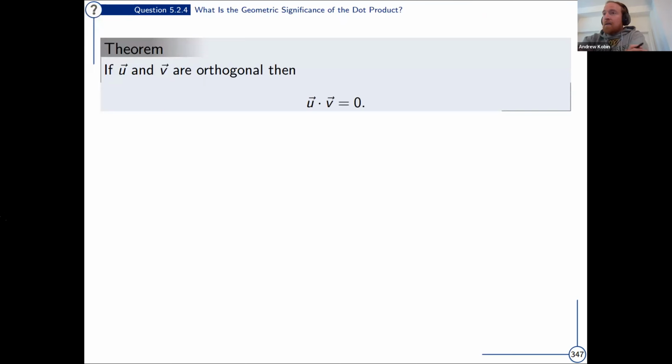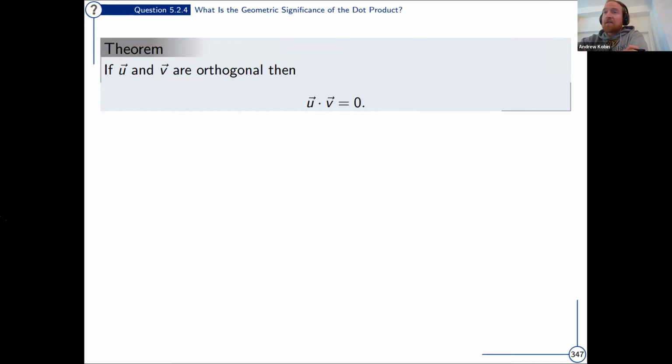The next case that we saw in the last video on angles was the notion of orthogonal or perpendicular vectors. And the dot product interprets this as well. If we have two vectors, u and v, that are at a right angle to each other, also called orthogonal, then their dot product is 0. It turns out, and we'll see this by the end of this video, that if the dot product is 0, then the vectors have to be orthogonal.